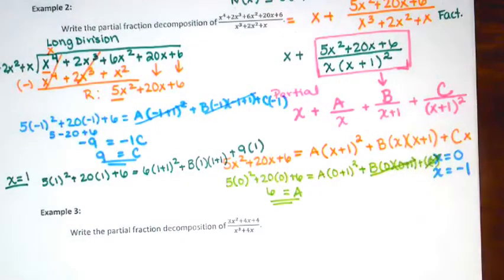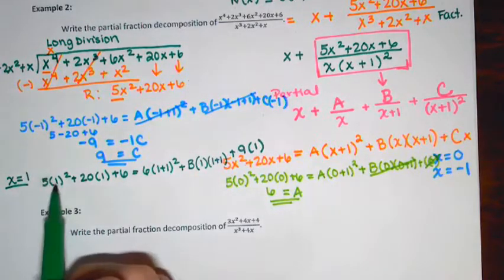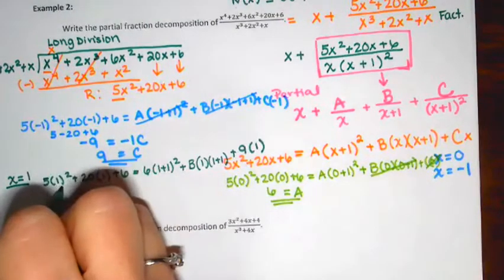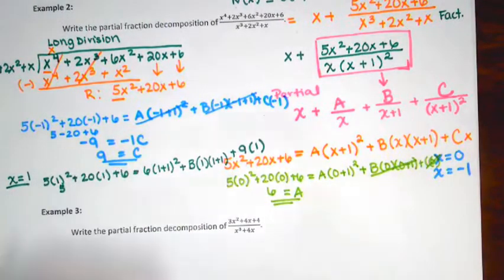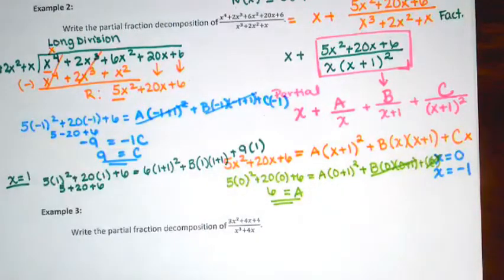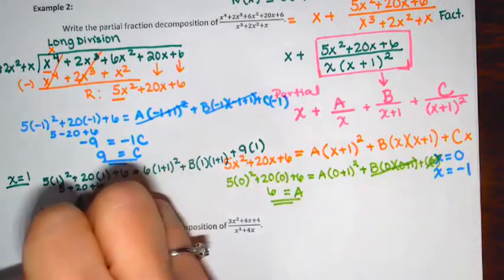Now the only letter in there is B. So what's 1 squared? 1. 1 times 5 is 5. 20 times 1 is 20. 5 plus 6 is 11, plus 20 is 31.